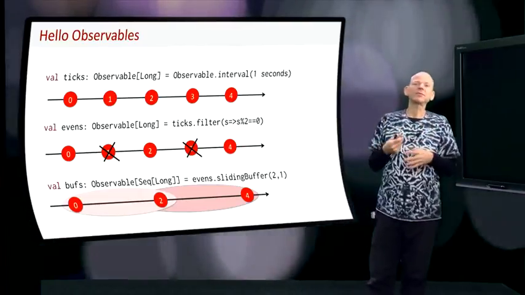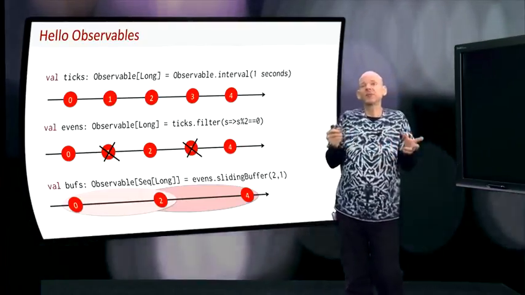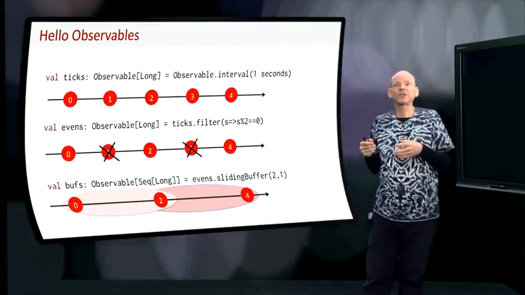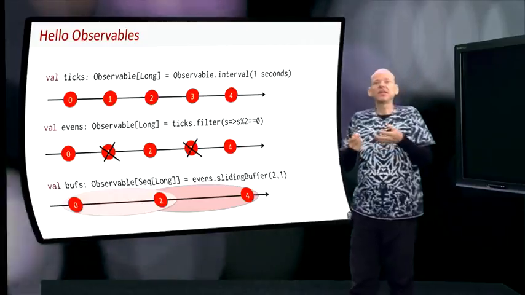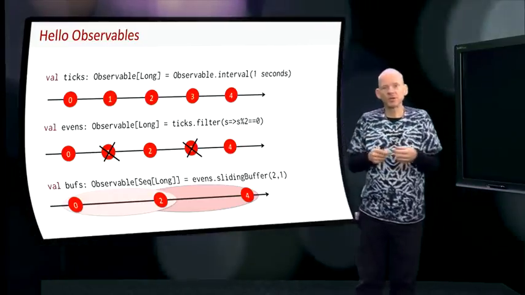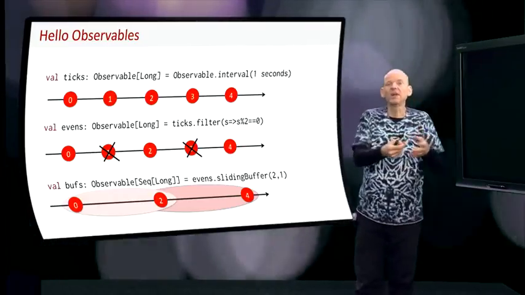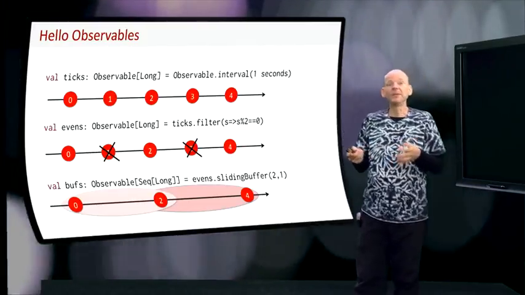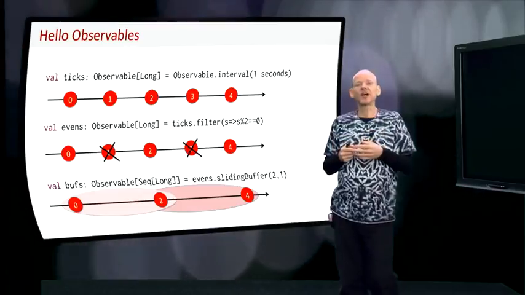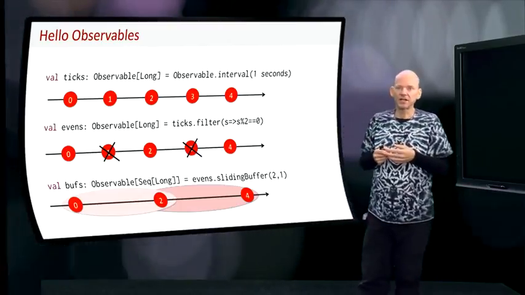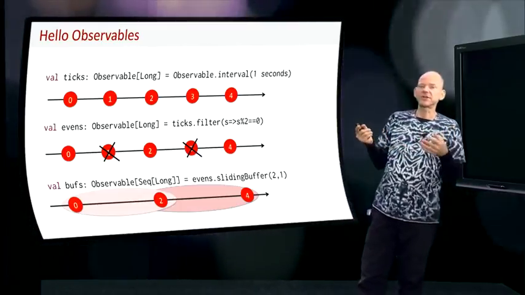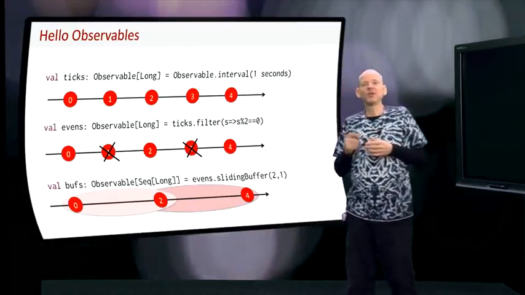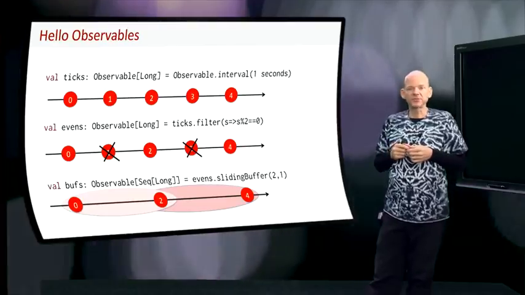Now, notice that what 1 second means is completely abstract. In particular, Rx has the notion of virtual time, and in this case, 1 second corresponds to 1 second on wall clock time, but it doesn't have to be like that at all. Now, the next thing is we're going to filter out all the ticks that are even. We just use the regular filter, passing it a predicate, and that will drop out all the odd numbers from the stream.